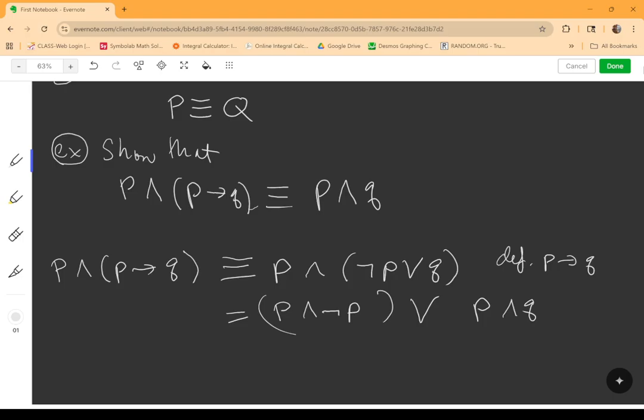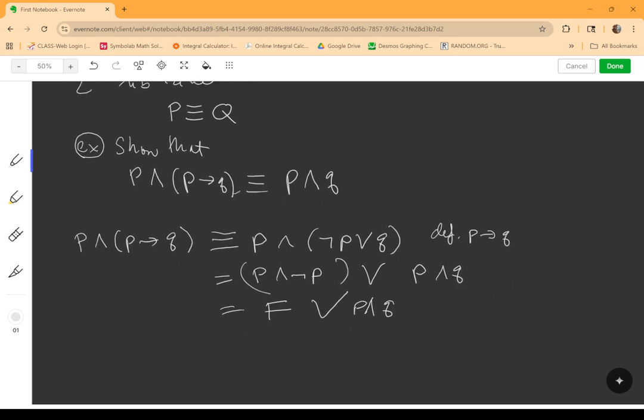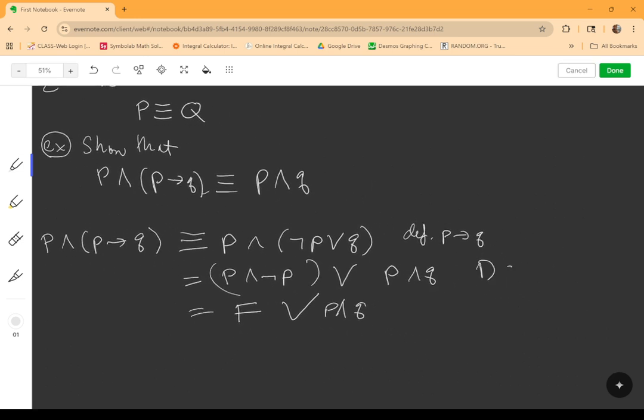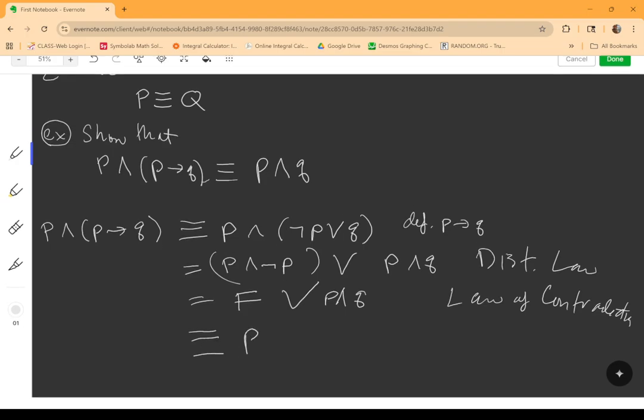And now what we have is the law of contradiction, so P and not P is always false, and then false or (P and Q). Here, distributive law, then the law of contradiction. And then this is P and Q, and that's the identity law.